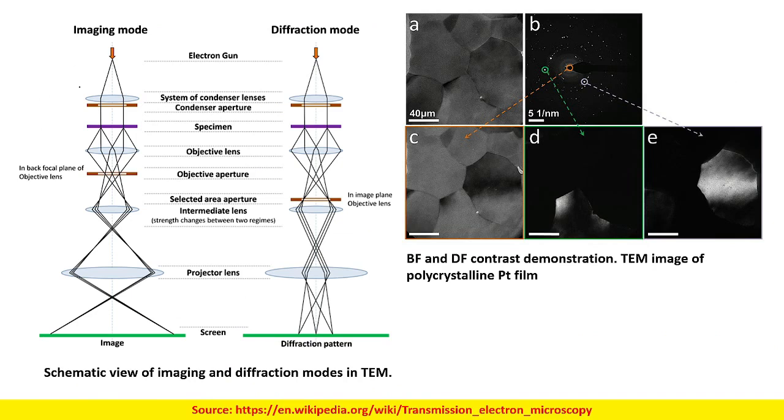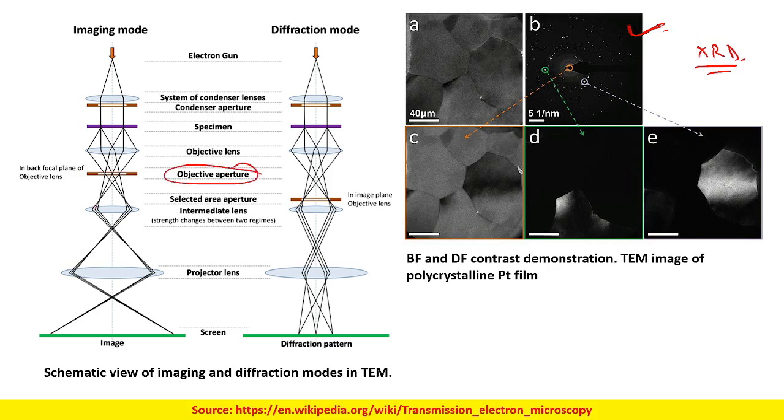Now in TEM you can also go for diffraction analysis. We talked about XRD. In XRD we talked about diffraction. Here we go for electron diffraction. So how is it done? It is done by using an objective aperture.